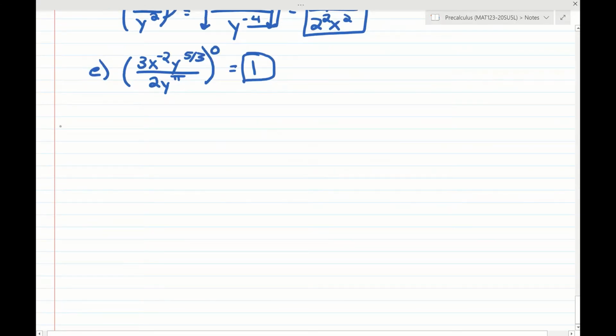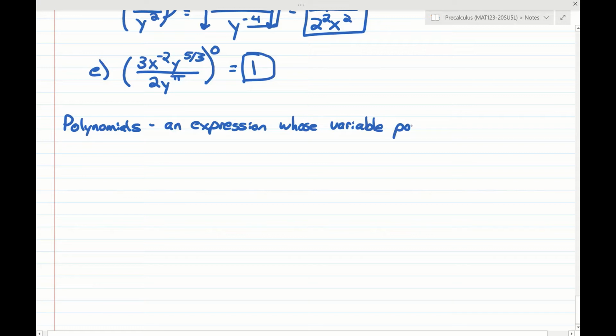Next, let's talk a little bit more about polynomials. Now what a polynomial is, it's an expression whose variable powers are whole numbers.